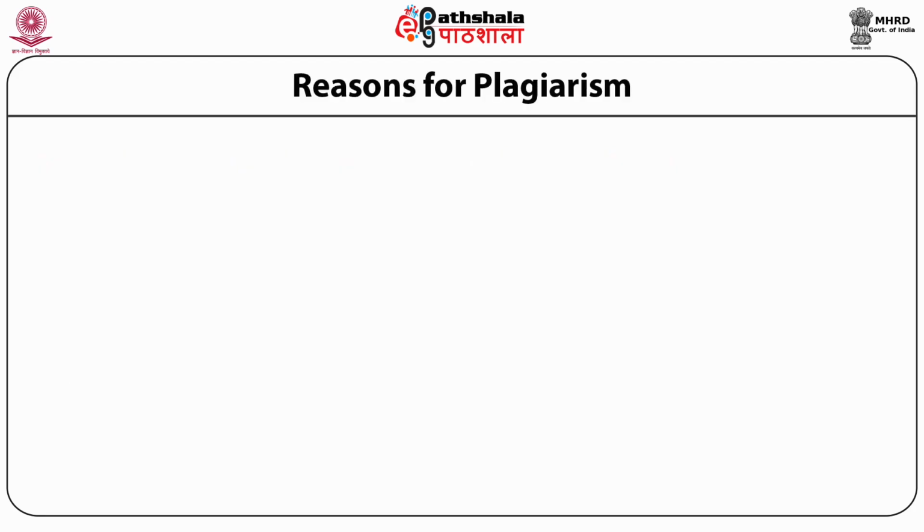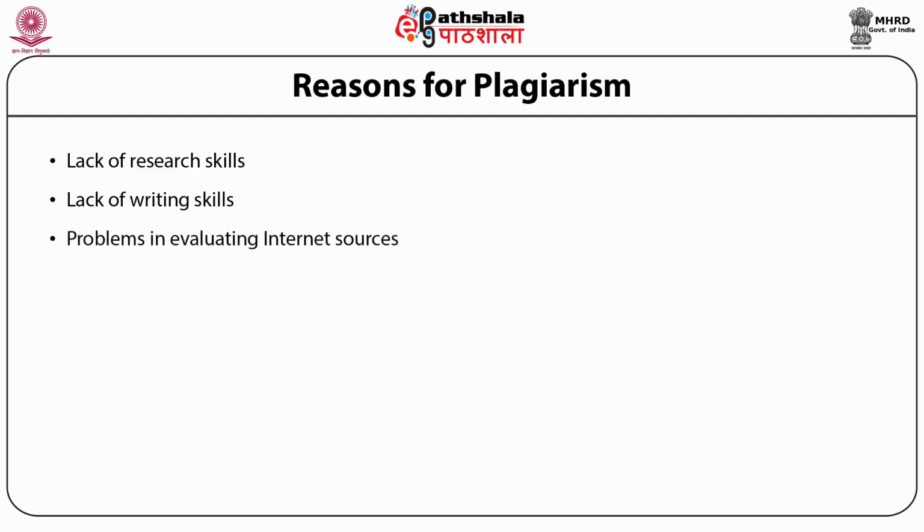Reasons for plagiarism. There are so many reasons for plagiarism, but the main reasons are it's due to the lack of research skills in the students or researchers. Then again, lack of writing skills, maybe because of the language barrier. Then problems in evaluating internet sources.